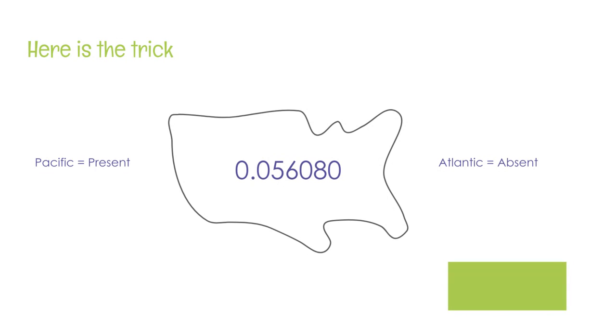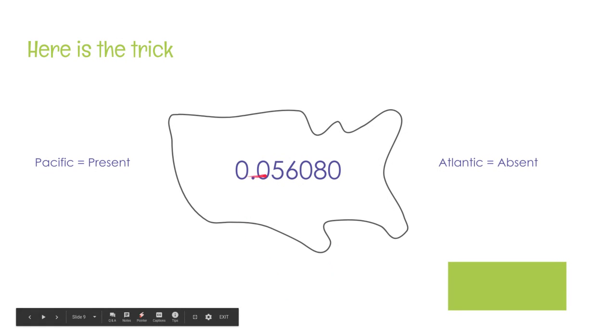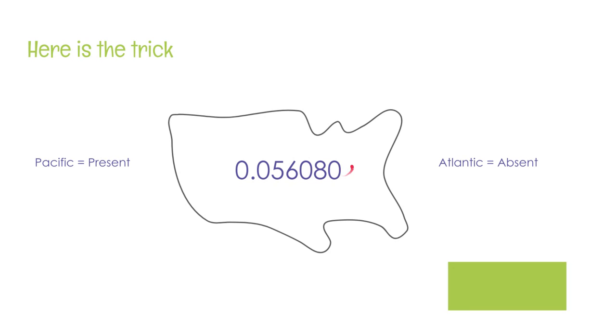Okay. Last one, we have some leading zeros, we have a sandwiched zero, and we have a trailing zero. How many of these digits are significant? This is where I like the Pacific Atlantic rule better than the list of the rules, because this will always work every time, no matter what. So my decimal is present.